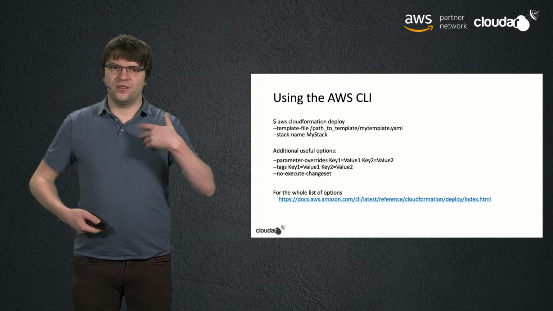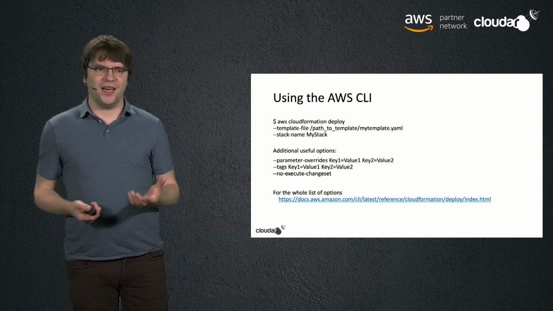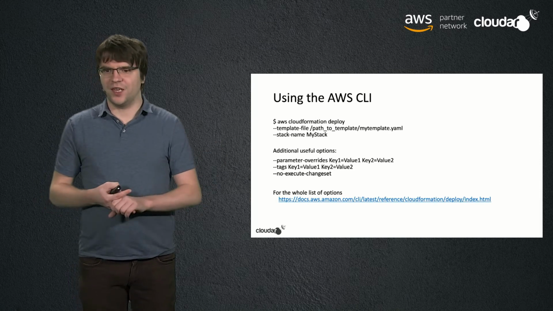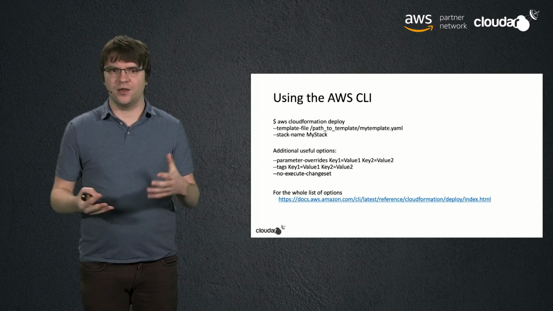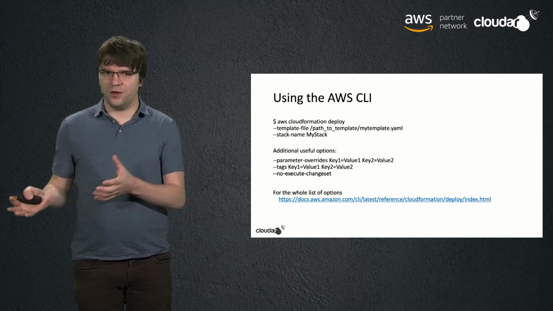If you are going to do a lot of deployment, a lot of iteration, it might make sense to use the AWS CLI, so you don't have to log in every time, you don't have to click as much, you can make it a one-command thing. There's the aws cloudformation deploy command, which is actually quite smart because it knows the difference between creating a new stack and updating an existing stack, and will do the right thing for you.